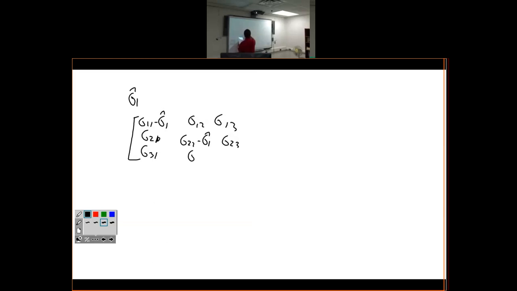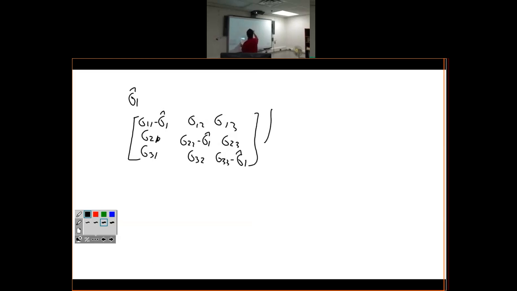So now we will put in sigma 1 hat. The equation would be like this: sigma 1 1 minus sigma 1 hat, which is known already. The rest of the stresses are copied from the original stresses: sigma 2 2 minus sigma 1 hat, sigma 2 3, sigma 3 2, sigma 3 3 minus sigma 1 hat.